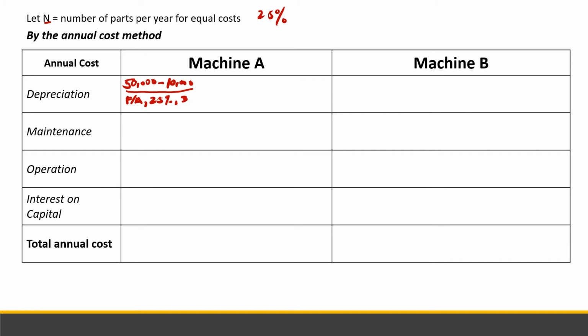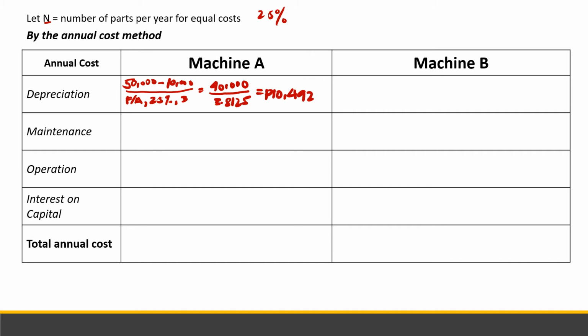That is for the machine A. So this will be equals to 40,000 over 3.8125. Okay, so yun yung quantity 1 plus i to the n minus 1 over i. So yung value niya is 3.8125. So the annual depreciation for machine A is 10,492 pesos.